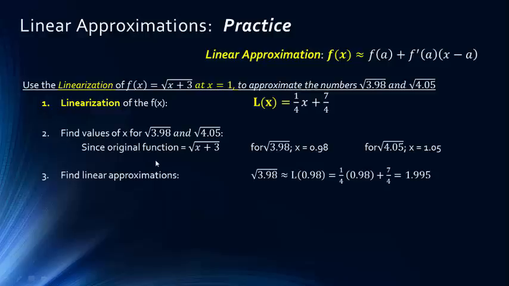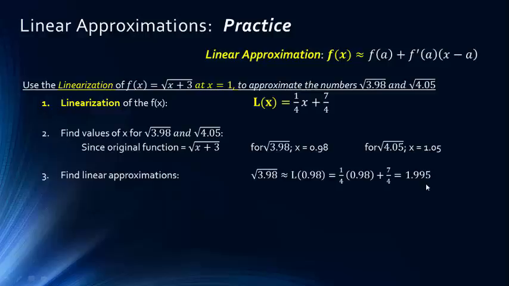Okay? So now we simply find the linear approximations. Okay? So here, the square root of 3.98 would equal L of x, and remember we just said for 3.98, x is 0.98, so we'd put 0.98 here, which you can see, and then we plug it in for every place there's an x, and when we plug it in, we get 1.995.